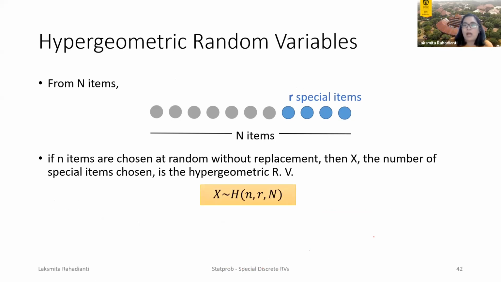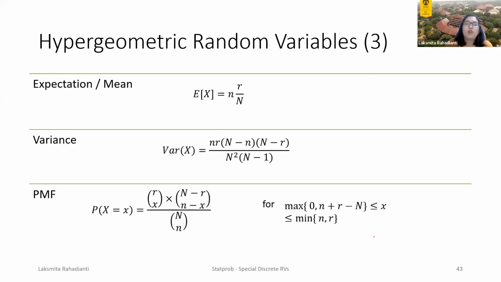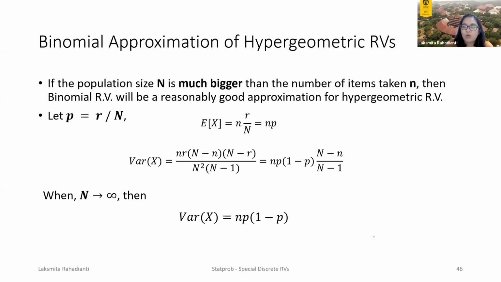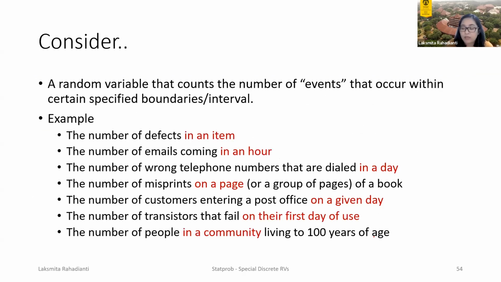So here, this is the hypergeometric random variable, which can be computed based on that previous concept. We have our mean, our expectation, we have our variance, and we have our PMF. I am going to skip over the examples as well, just so we have enough time to cover the last random variable.